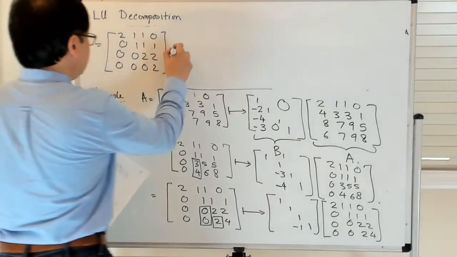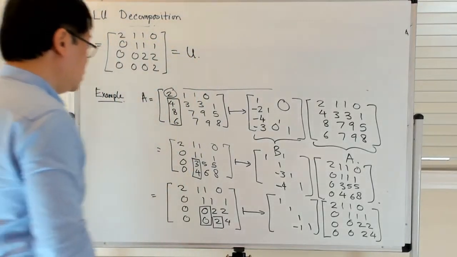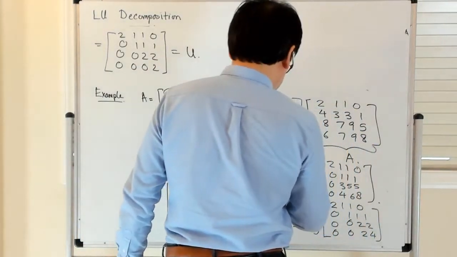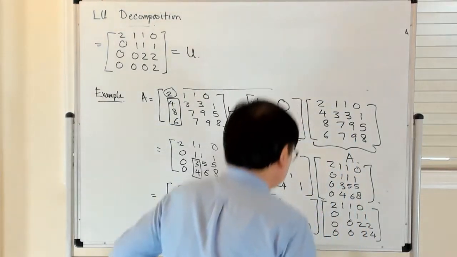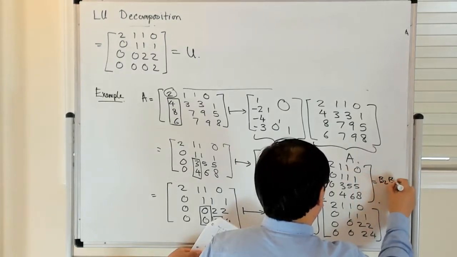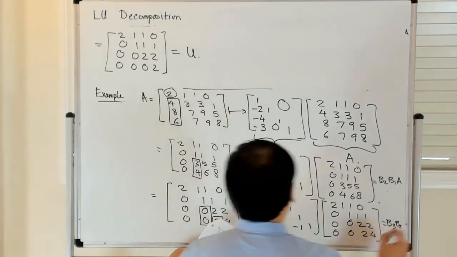Okay, so that's U. And this thing here is B2 times B1A. This is equal to B3, B2, B1A.